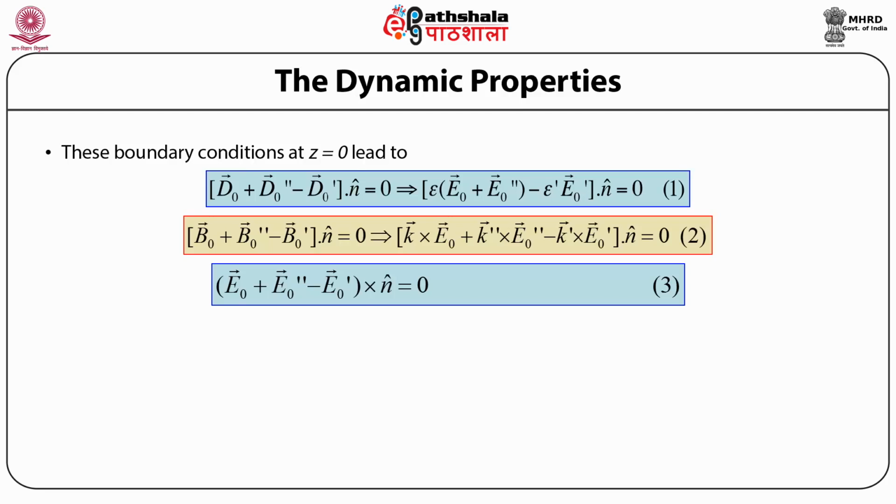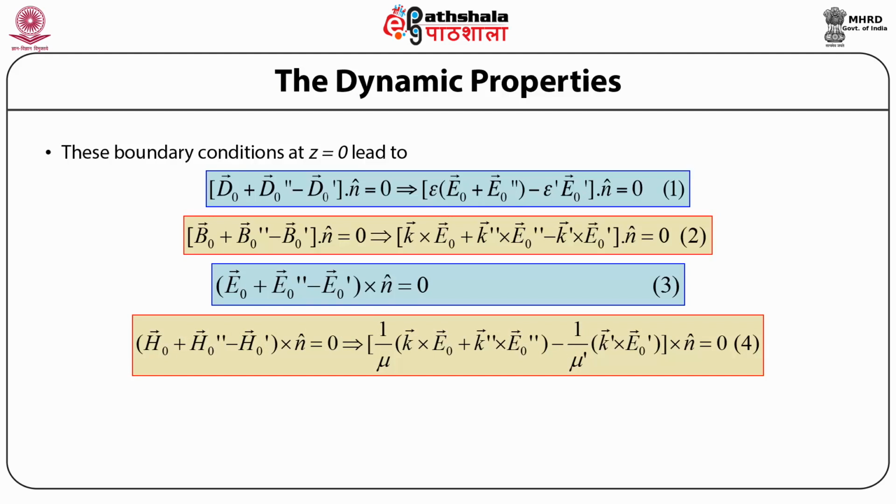And finally, for writing down mathematically that the tangential component of the magnetic field is continuous, we can write down the amplitude of the magnetic field vector of the incident wave plus the amplitude of the magnetic field vector of the reflected wave minus the amplitude of the magnetic field of the refracted wave, whole cross product with the unit vector n gives us 0.